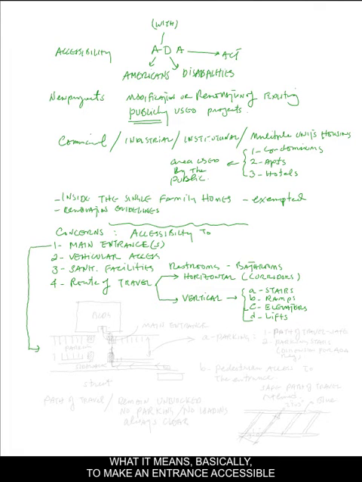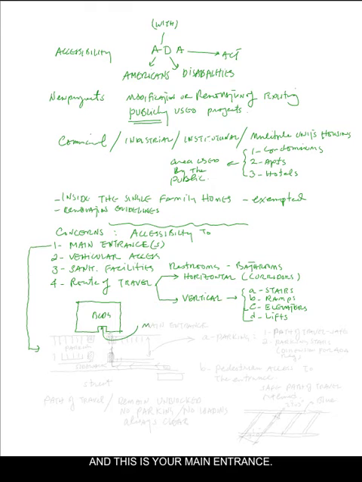What it means, basically, to make an entrance accessible is that, let's say you have a building in here, and this is your building, and this is your main entrance.